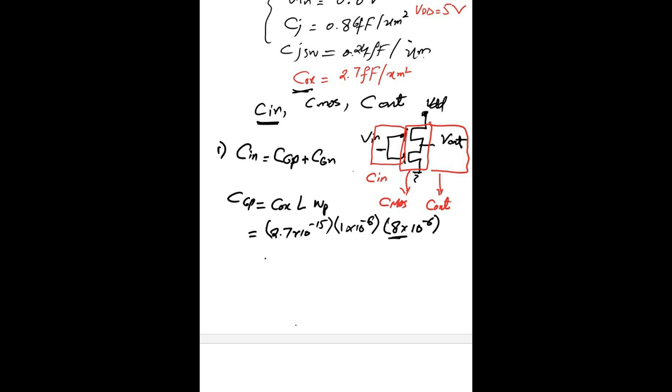So this is our CGP, and for NMOS we have CGN, which is equal to C oxide L WN. We put the same values here, 10 power minus 15 and 1 into 10 power minus 6, and now WN is equal to 4 into 10 power minus 6. So the difference comes here.